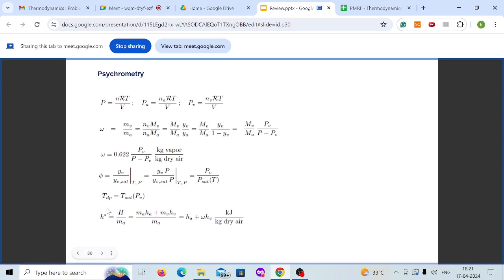And the enthalpy of the moist air is defined as the enthalpy of the individual components per kg of dry air, which you can also find straight from the psychrometric chart. So Ma Ha plus Mv Hv divided by Ma gives you the specific enthalpy of dry air, plus omega, the specific humidity, which is Mv by Ma, times the enthalpy of vapor.